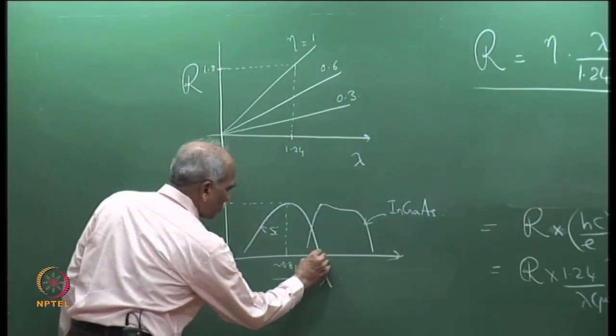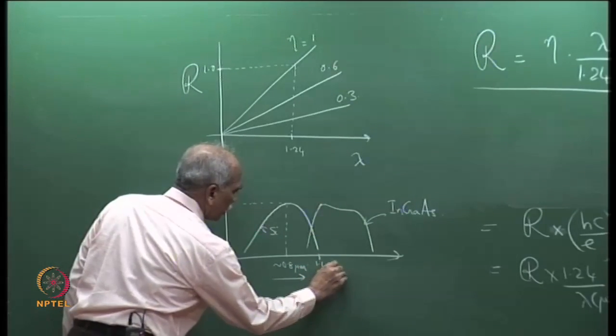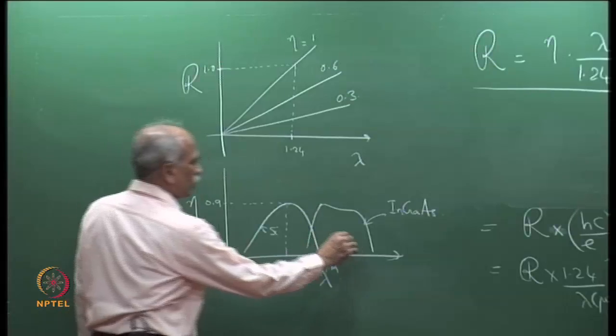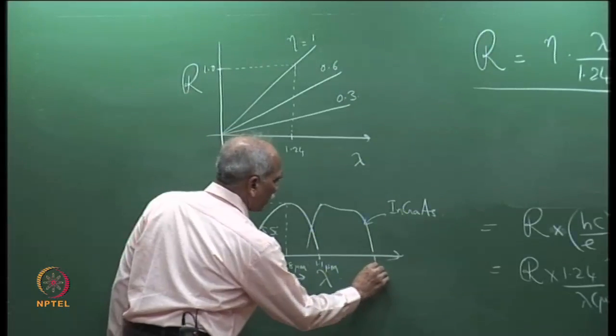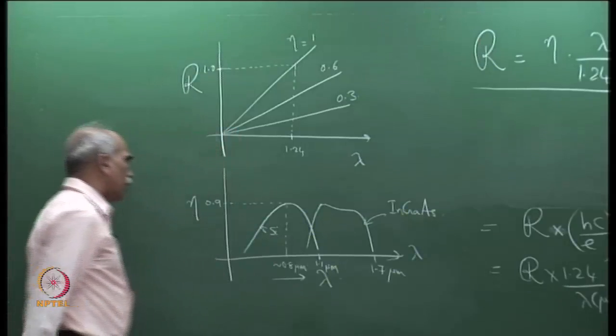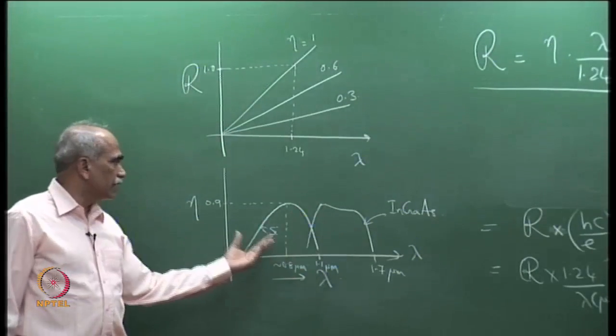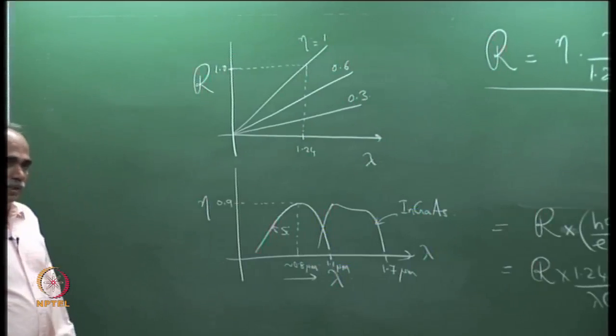This goes down to 0 around 1.1 micrometer for silicon, and around 1.7 micrometer approximately for indium gallium arsenide. So, what I have plotted is lambda versus eta for typical detector materials, silicon and indium gallium arsenide.